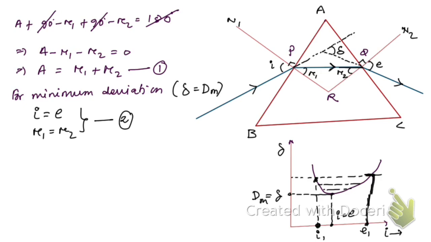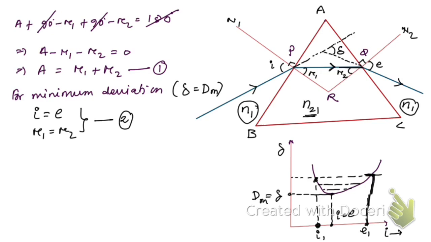Here we are going to consider the medium surrounding the prism of refractive index 1. Again it is refractive index 2, and here it is N1, okay, right. And this is the prism, okay. As the refractive index of the prism is given as n21, what does it mean?